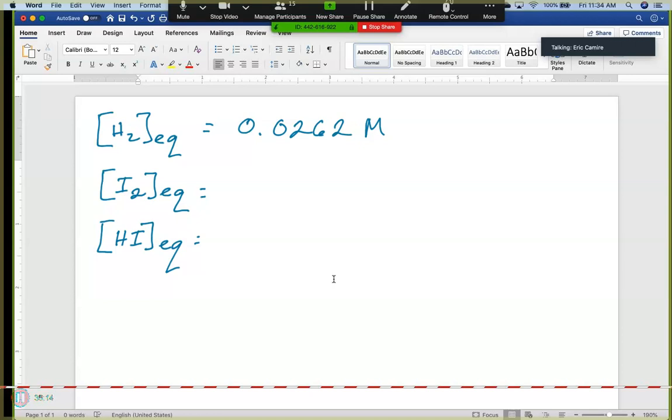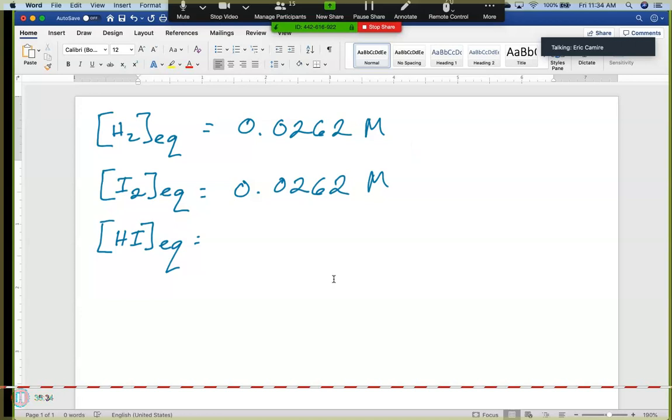But a concentration is one of those things where you have to figure out what you were doing and make sure, I started with molar, so my final answers will be in molar, even though I did most of my math without units. The concentration of I2 at equilibrium is equal to the same amount. It's not coincidence. They're just formed in 1-to-1 molar ratios, so that's why they're the same amount.